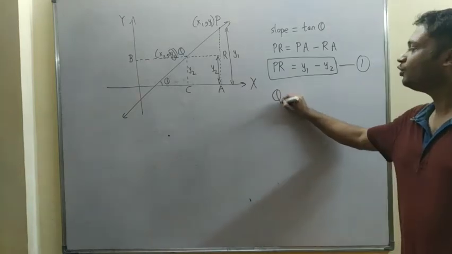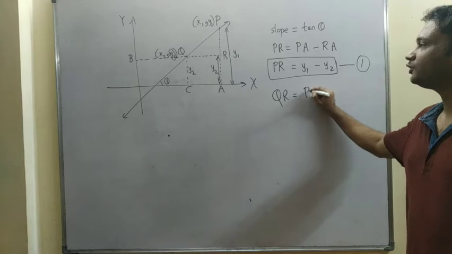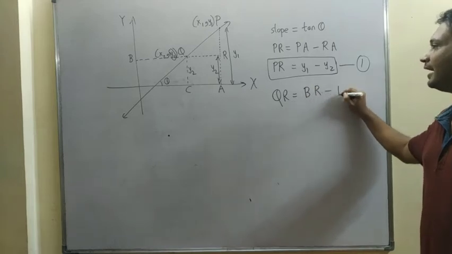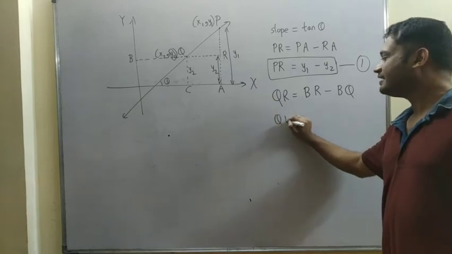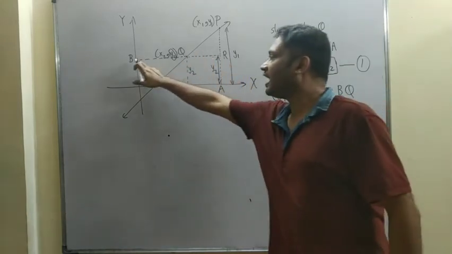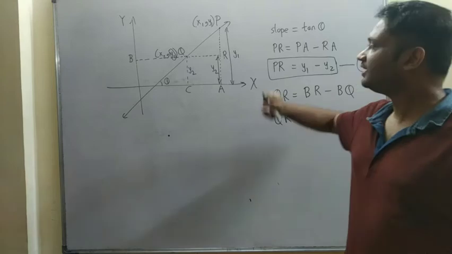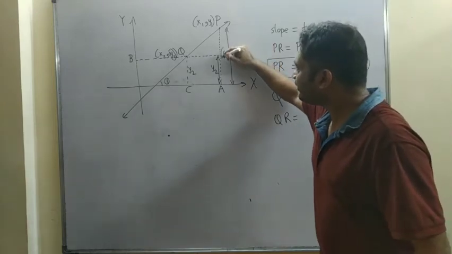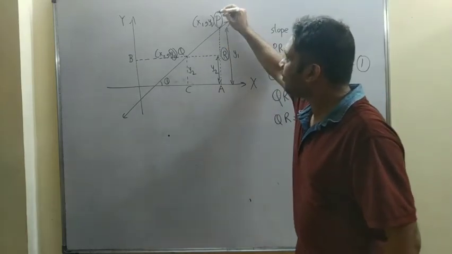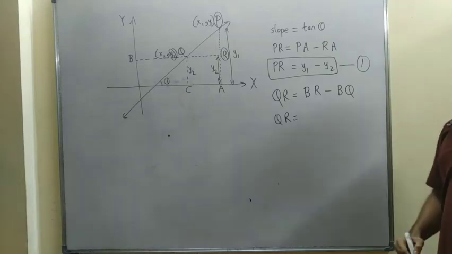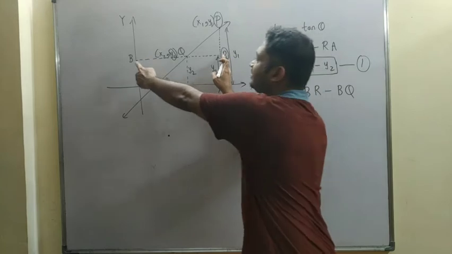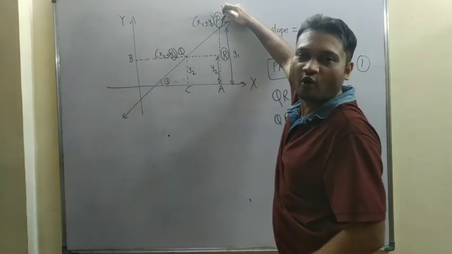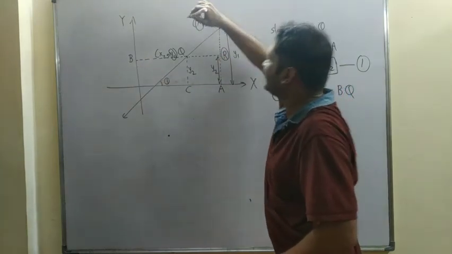Similarly, QR will be equal to BR minus BQ. What is the value of BR? In this case, the x coordinates of point R and point P are the same. So BR value is nothing but the x coordinate of point P, which is x1.